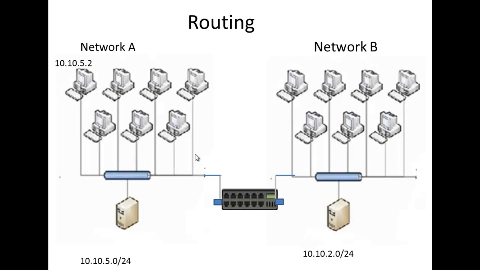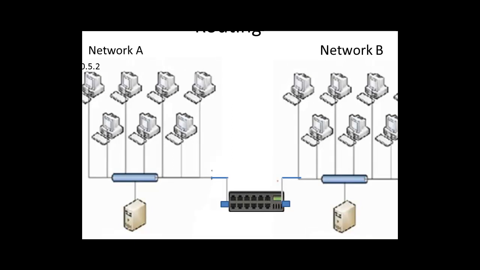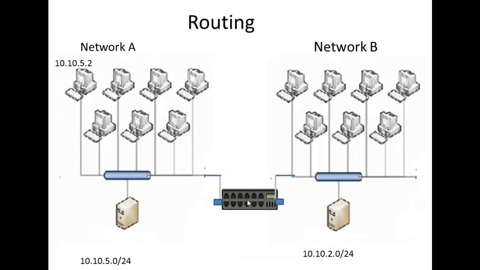But how does the router know where to send the packet? The router has what we call an IP routing table. And this table shows the routes for all the other networks.